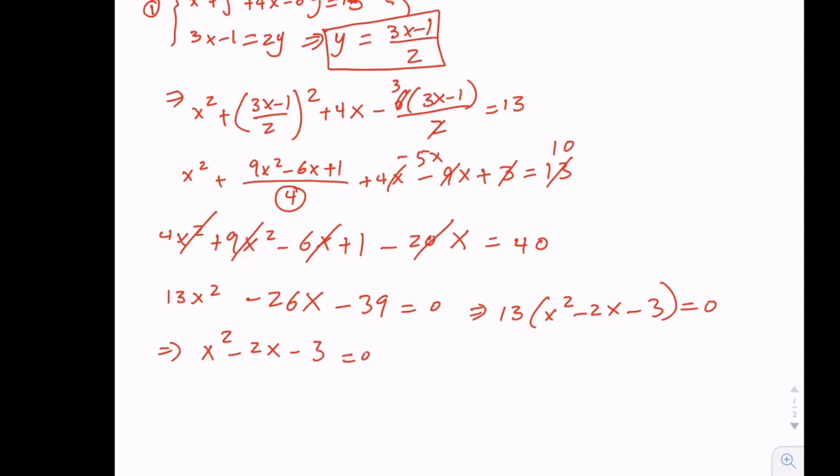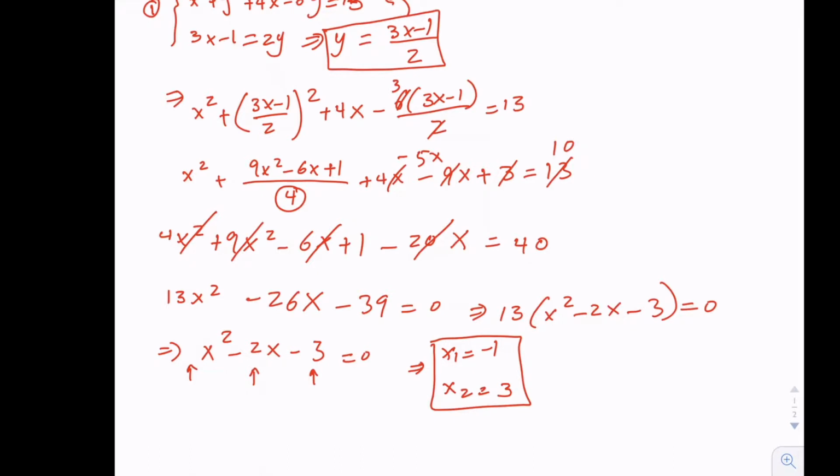And in one of the previous problems, we showed that if the sum of a and c is equal to b, then one of the roots is minus 1 and the other root is minus c over a, which will give us 3. So if we want to check our answers, we can plug minus 1 into this, which will give us 1 plus 2 minus 3, which is 0, and then 9 minus 6 minus 3, which again is 0. So these two are the roots of the equation.